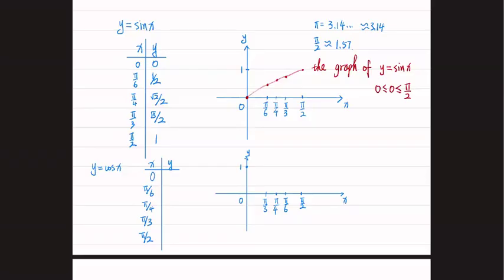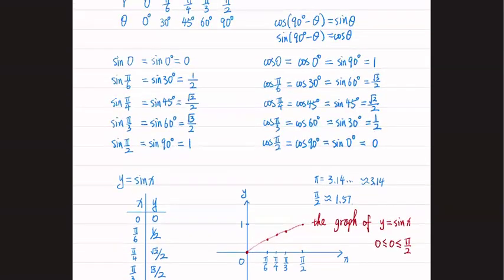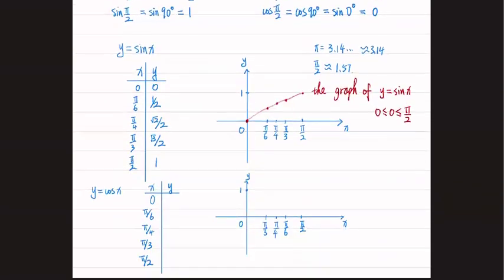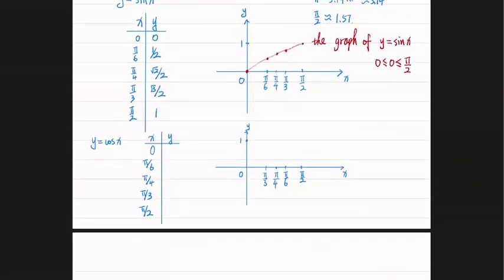Okay, this time I'll start with Jessica. Cosine function. X is 0, y is cosine 0, which is sine 90, which is 1.